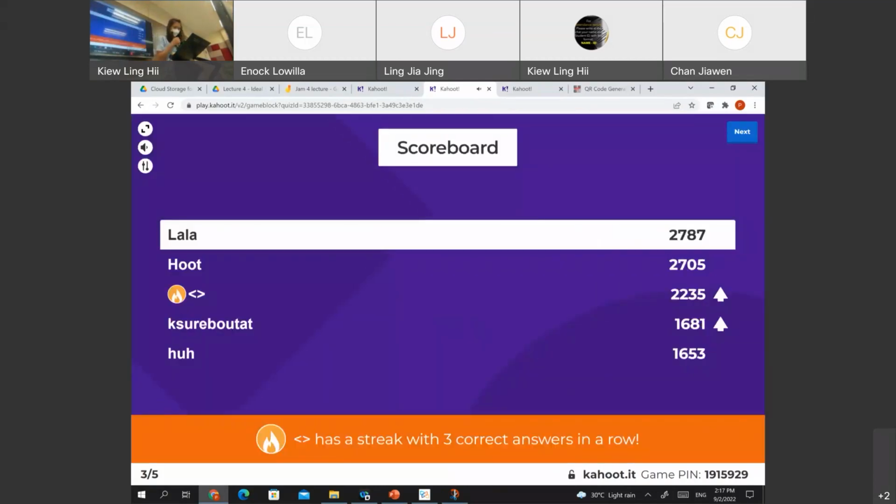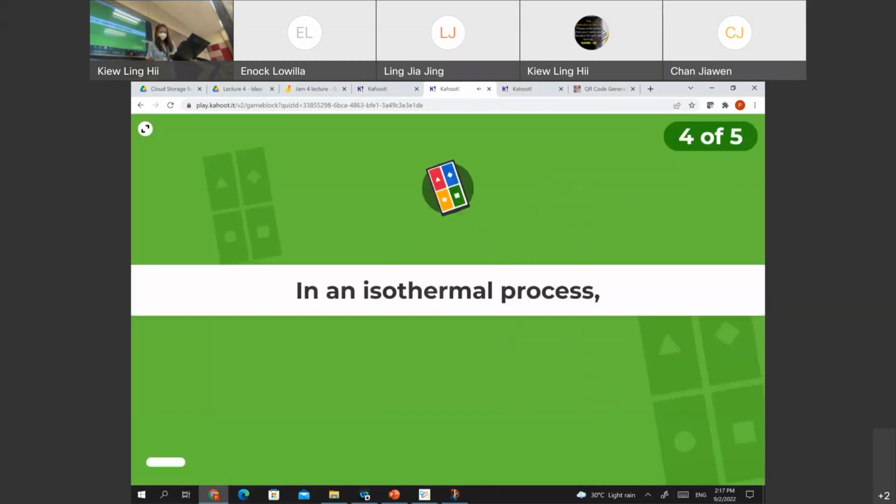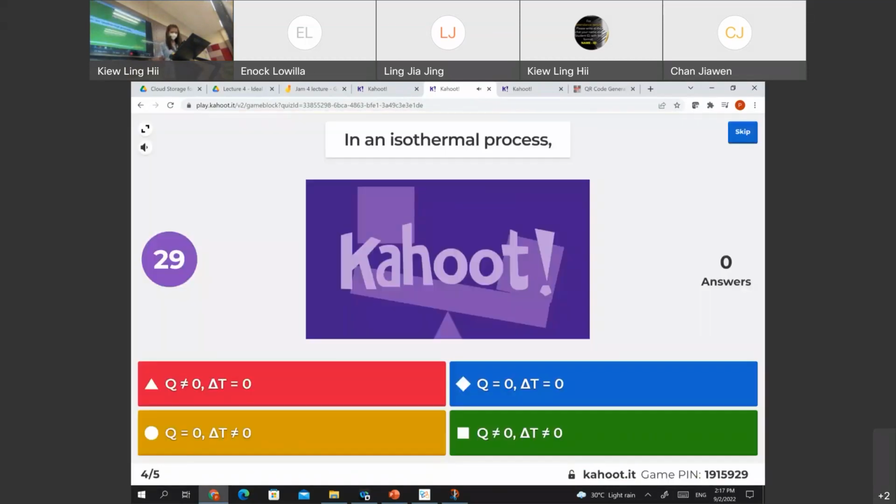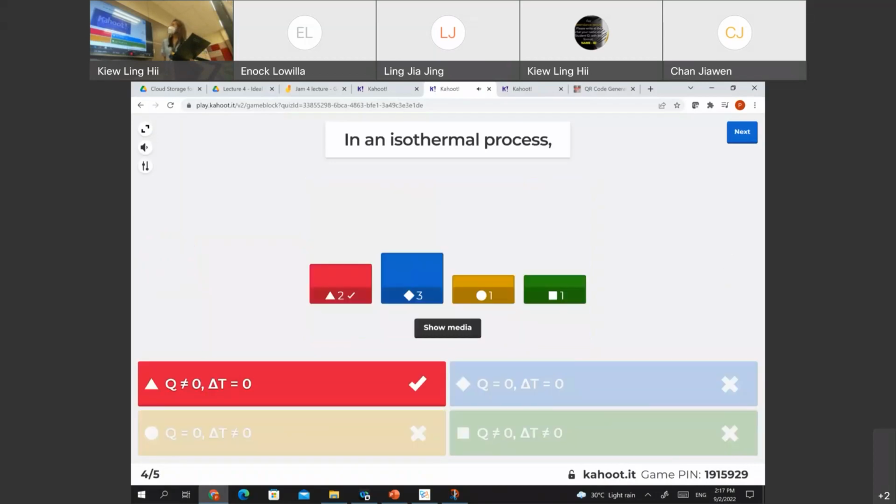Okay, isothermal process, delta T equals to 0. Okay, Q not equals to 0, yeah?